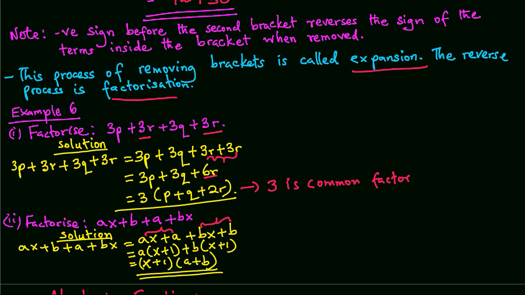So that when we bring in the brackets, we are going to have a into x plus 1 plus b into x plus 1. And again in this case, x plus 1 is common, so we have x plus 1 into a plus b as the answer.